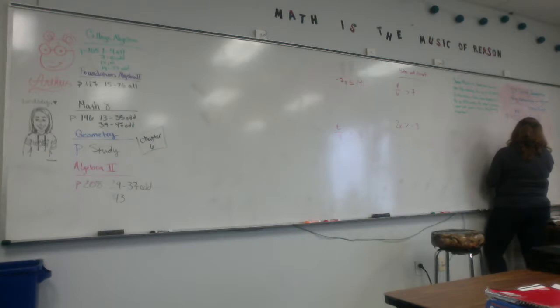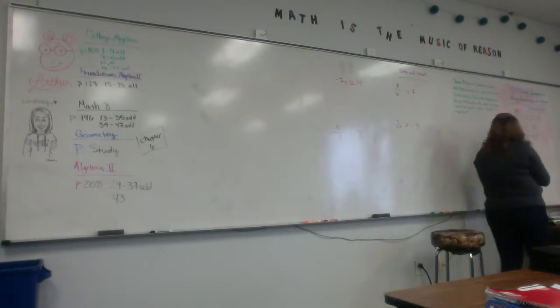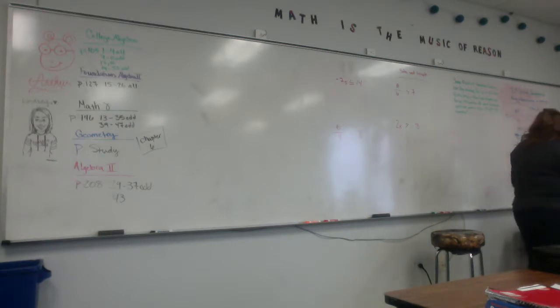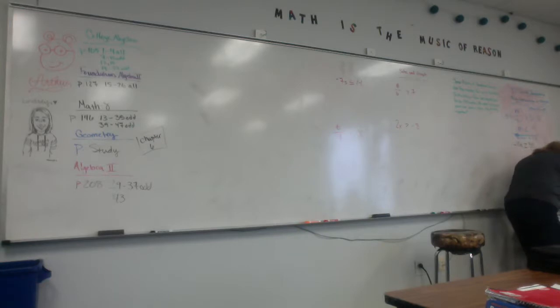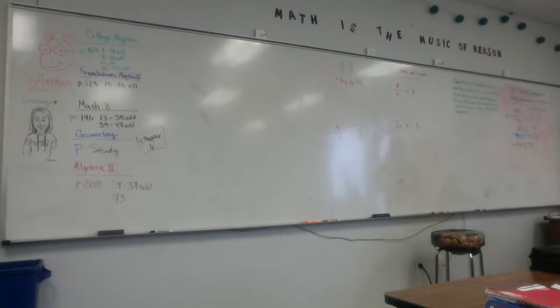Parentheses. It says m is less than negative 9, so I'm going to go this way, and that's how I shade and graph that one. Okay? So m is less than negative 9. Make sure that you flip the sign when you divide or multiply by a negative.